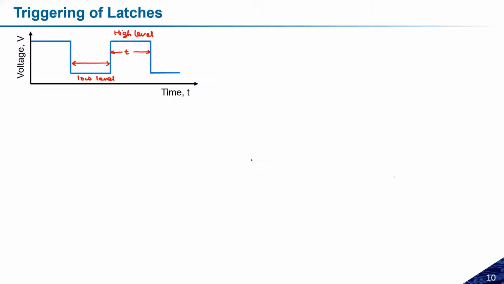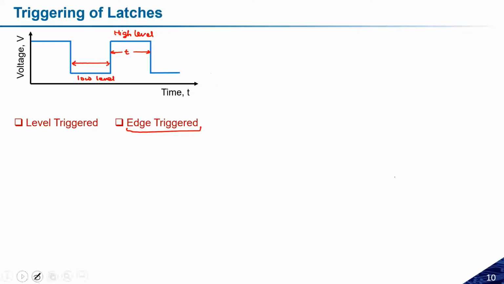So to avoid that, we can go for the second kind of triggering mechanism. I just told you we have level triggered, and the second one is edge triggered. To avoid the problems associated with level triggered flip-flops, we can consider the edge triggered flip-flop. What is this edge triggered flip-flop? Let me tell you again.